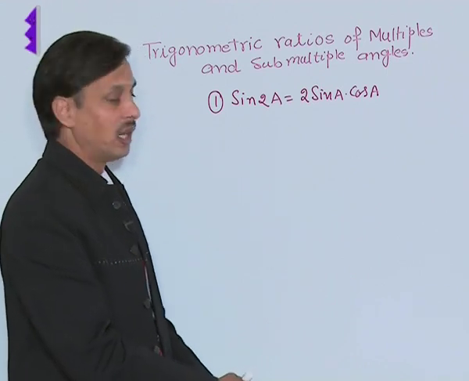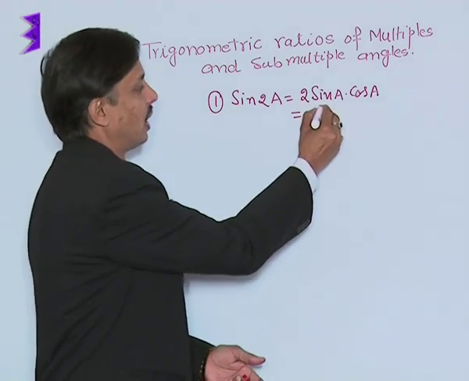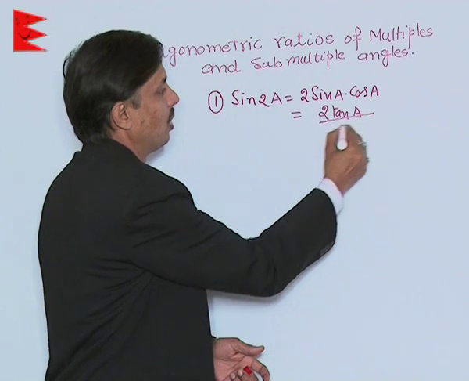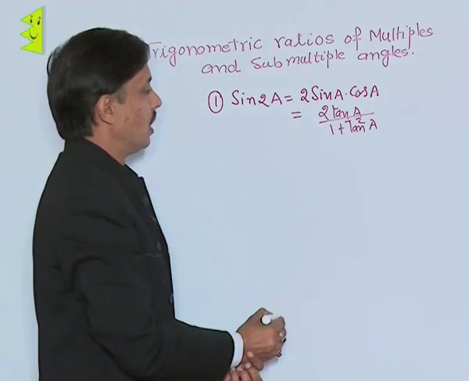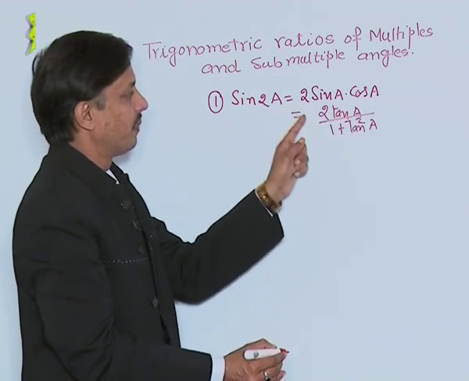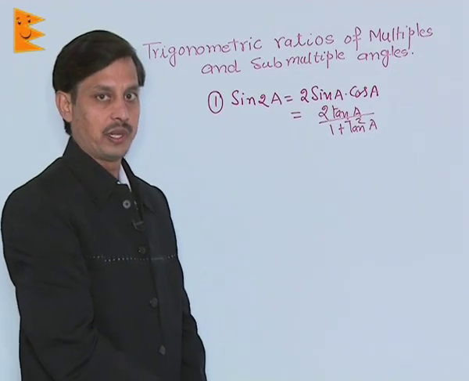There is one more result which is equivalent to sine 2a. That result is 2 tan a upon 1 plus tan square a. So one of the results of sine 2a is 2 sine a into cos a, and another is 2 tan a upon 1 plus tan square a.